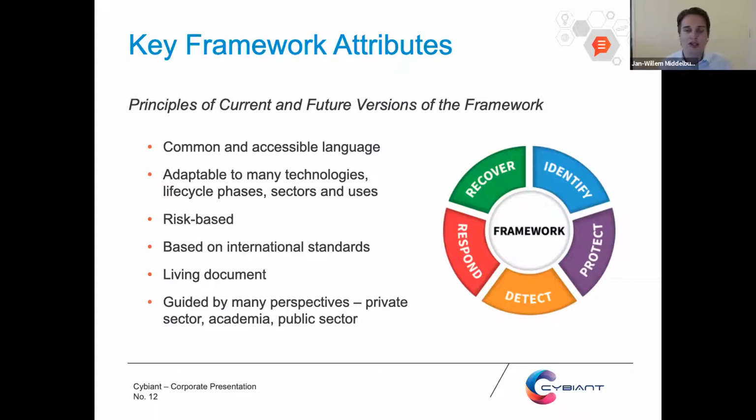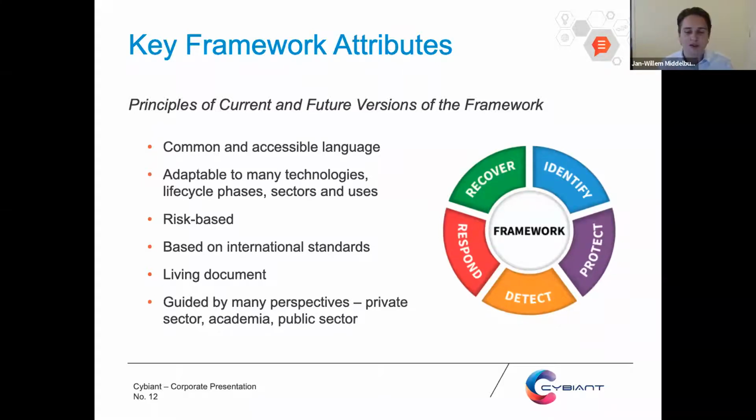So what we're trying to do in cybersecurity is look at the different cybersecurity threats, look at what the risk that they pose for the organization, and how we should then take different measures in order to control them. And this, of course, is going to be different from organization to organization. As we've already mentioned, the whole framework is incorporated and embedded based on those international standards that we talked about earlier.